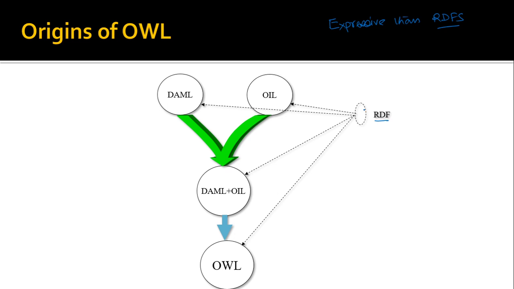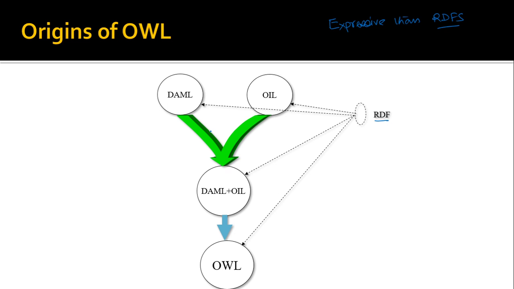So whatever we'll be doing in semantic web will be based on RDF. We are not really going away from RDF. This is a very simple and yet powerful platform to represent everything that we are describing in semantic web. So DAML and OIL also followed this RDF formalism, right?